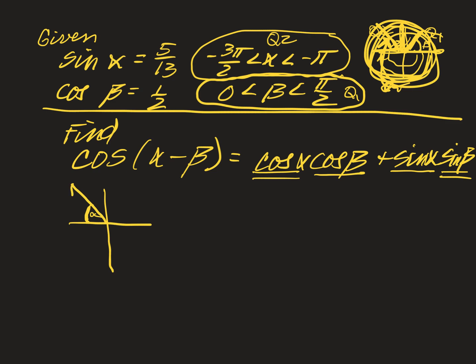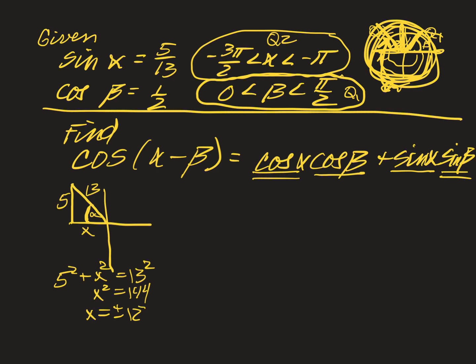And since it's in quadrant 2, we know sine is opposite over hypotenuse. So we know this is 5 and this is 13. We can then use the Pythagorean theorem to help us find the x value. So we go 5 squared plus x squared equals 13 squared. That gives us x squared equals 144. And that gives us x equals plus or minus 12.